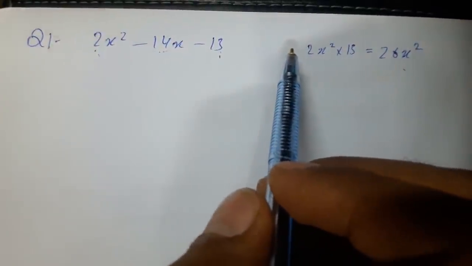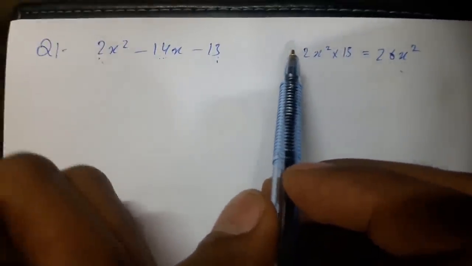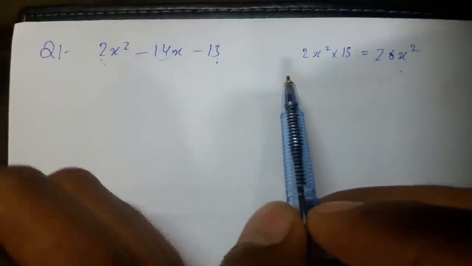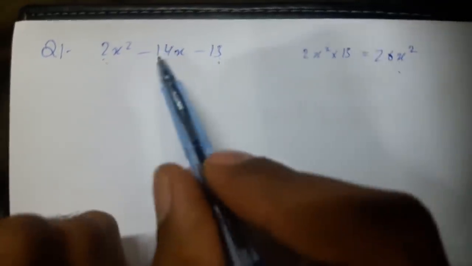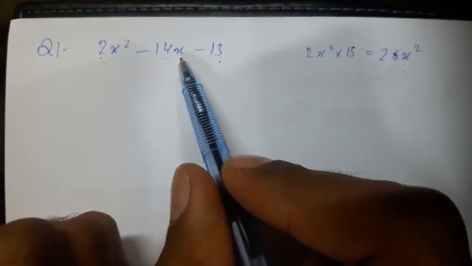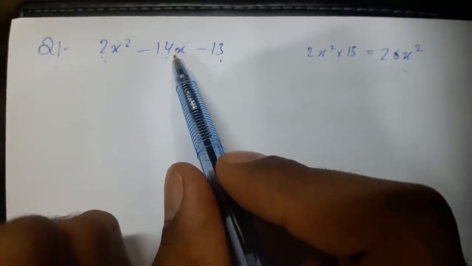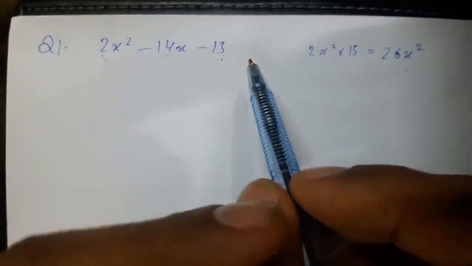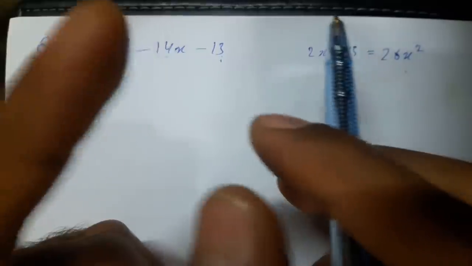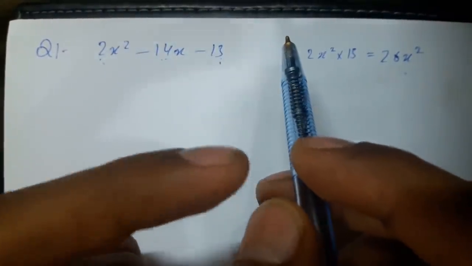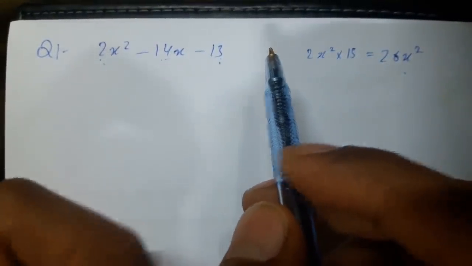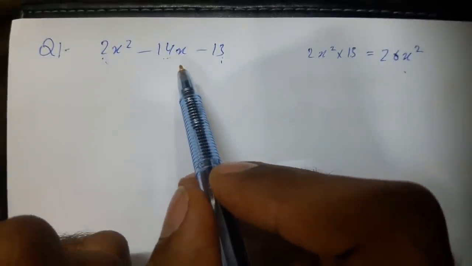So now we are subtracting. Let's suppose I am taking 14 and 1. 14 ones are 14. No. I am taking two numbers, 15 and 1. 15 ones are 15. If I am subtracting 1 from 15, the answer is coming 14.